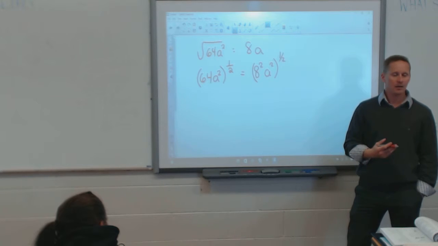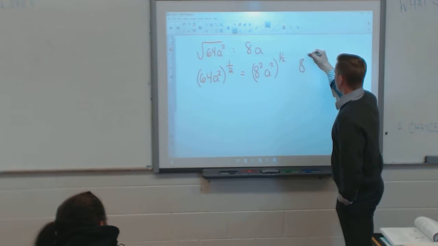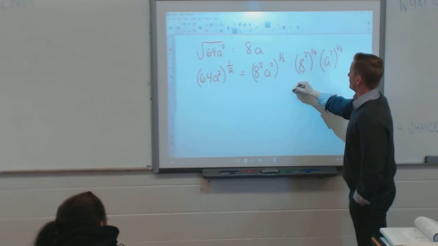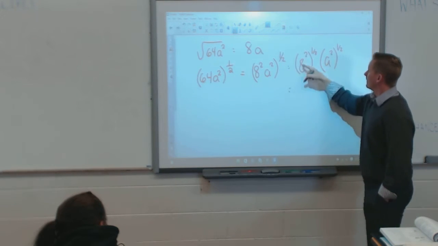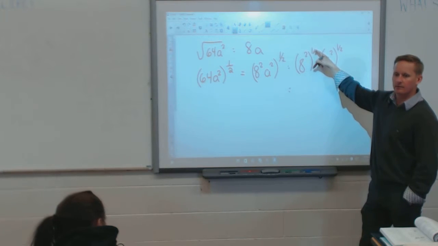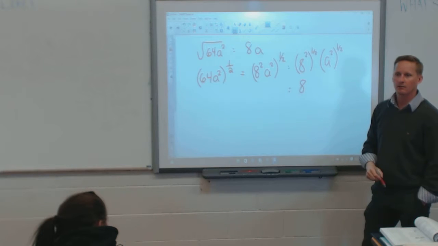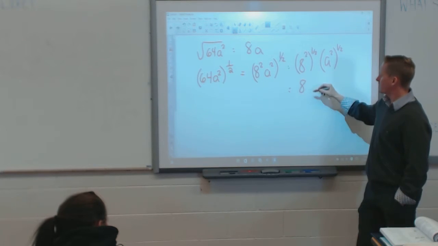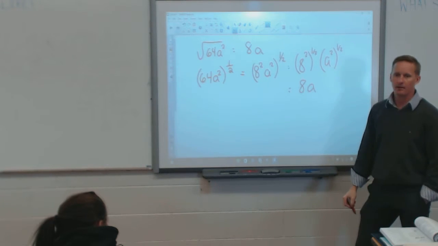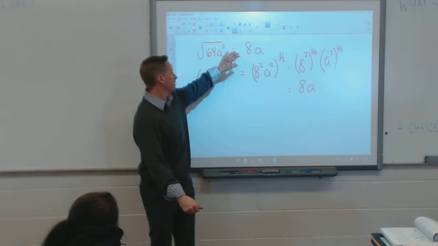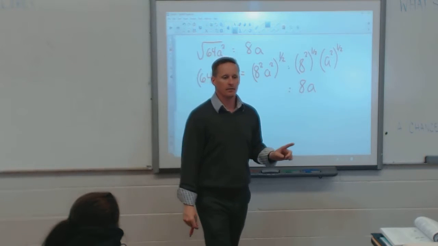So I have 8 squared to the 1/2, and a squared to the 1/2. 2 times a half is what? It's 1. So I get 8a. Now I don't need to go through all that because we're smart and we know how to do this in our head.